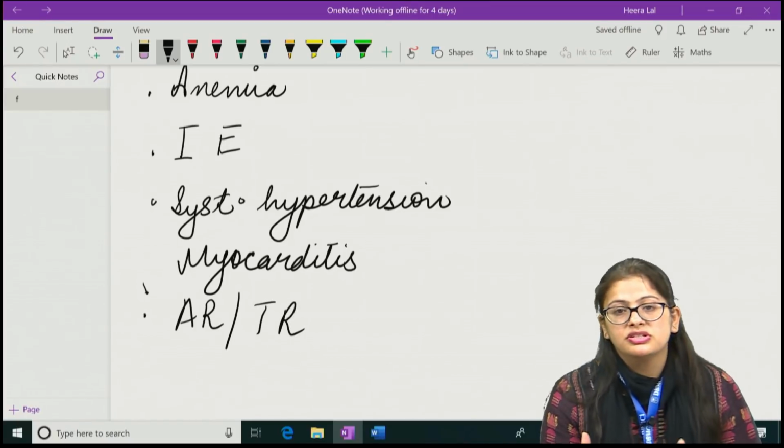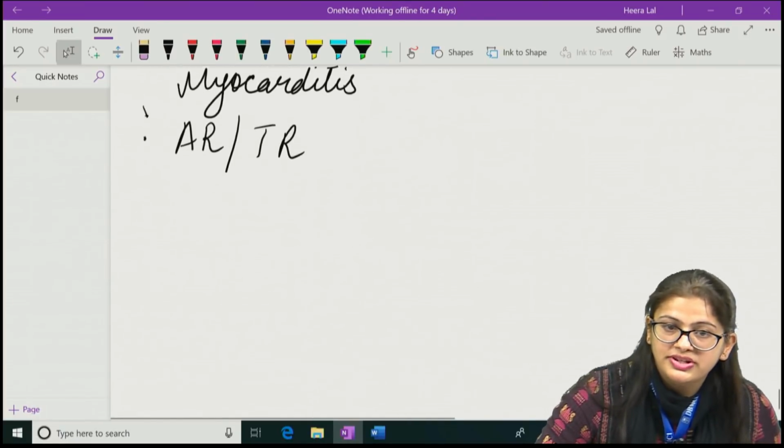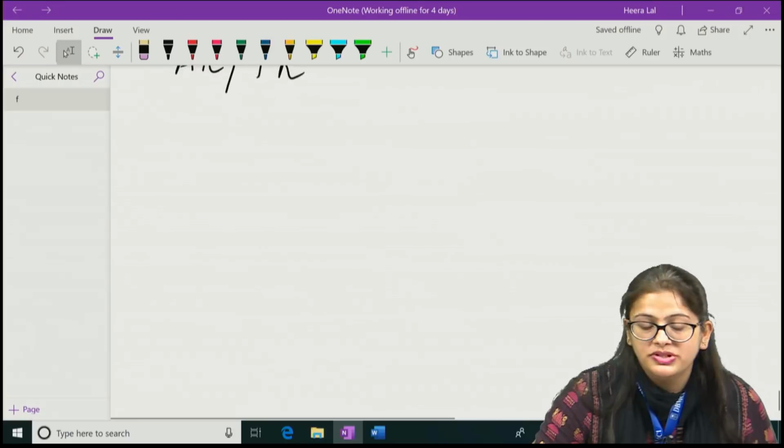In the presence of these conditions, CHF can occur with tetralogy of Fallot. Otherwise, CHF is usually not seen in patients with tetralogy of Fallot.